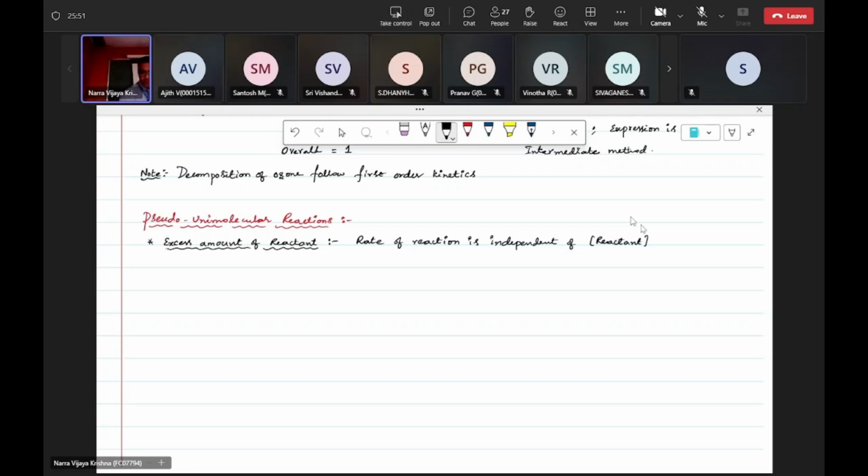For example, CH3COOCH2CH3. What do we call this? Ethyl ethanoate. Ethyl ethanoate, we call it an ester. This aqueous solution I have taken in the presence of water.